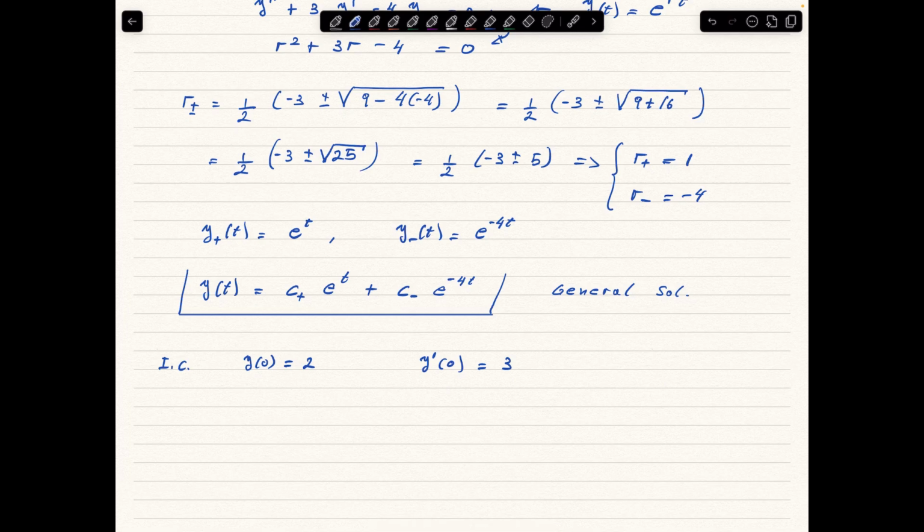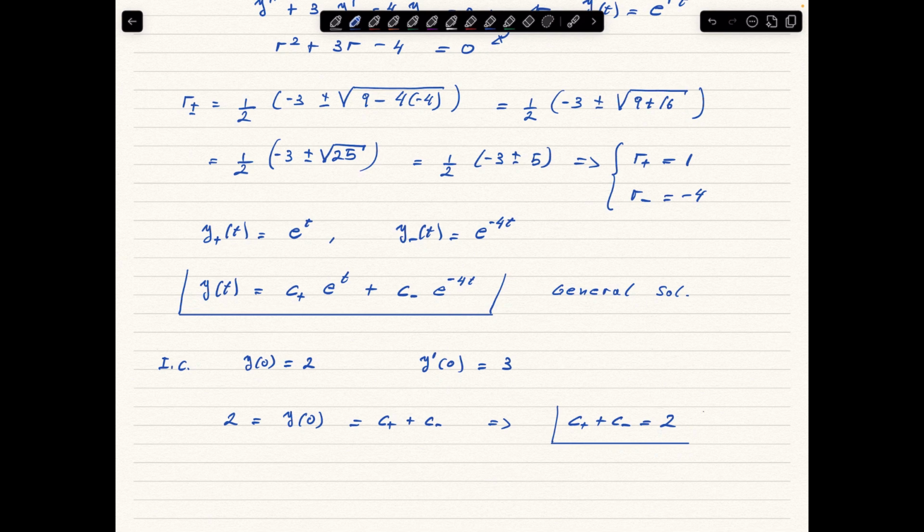Okay, the first condition is easy to implement because 2 has to be equal to the function at 0. I have the function here, so I'm going to put 0, 0, and 0. This is going to be 1, this is going to be 1, and this is equal to c plus c minus.